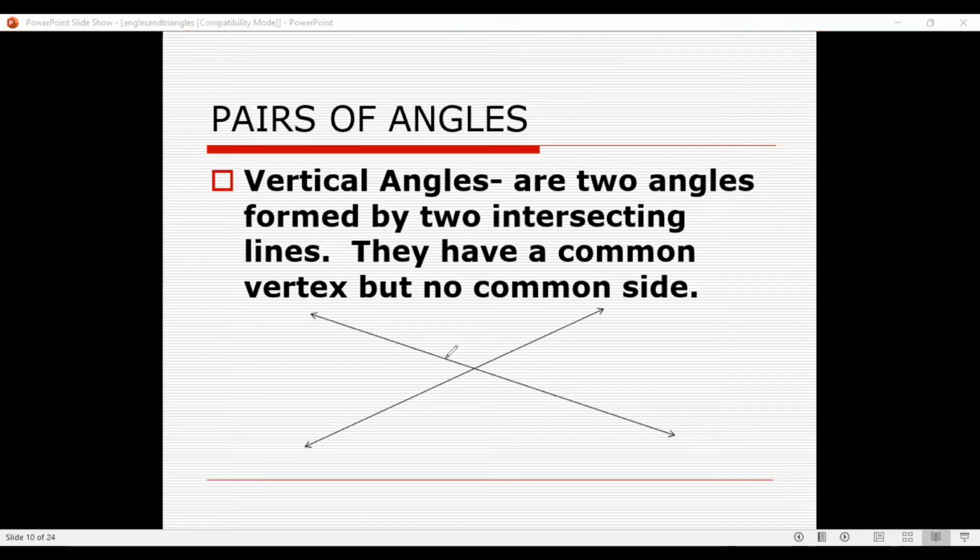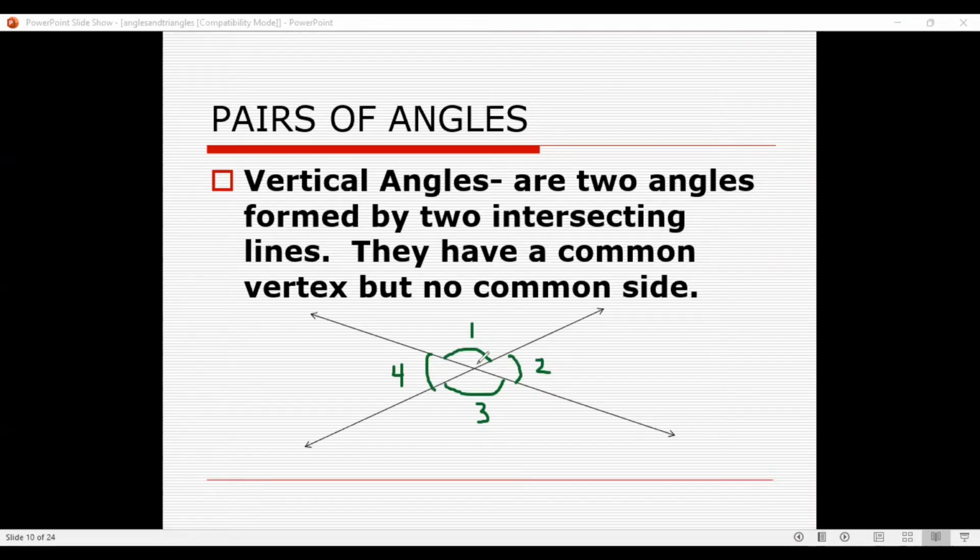If I name these as angle 1, angle 2, angle 3, and angle 4, then we can say that angle 1 is vertical to angle 3, and 2 and 4 are also a pair of vertical angles.